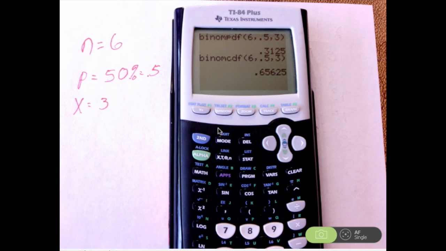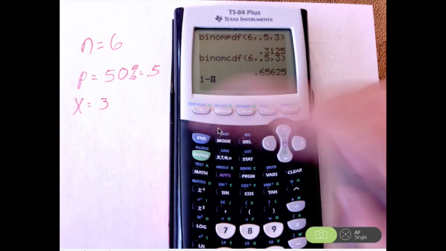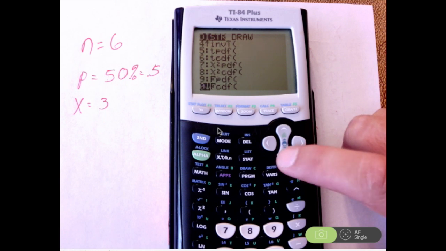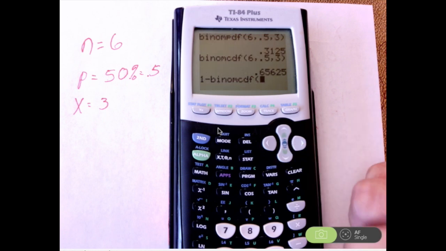Now in a similar example, if we wanted to find not up to 3 but greater than 3. So I want to know what's the probability of getting more than 3 heads. Your calculator won't do this. So what you have to do is, since all probability models add up to 1, we're actually going to do 1 minus, and then same thing, go down to our cumulative again, same order.